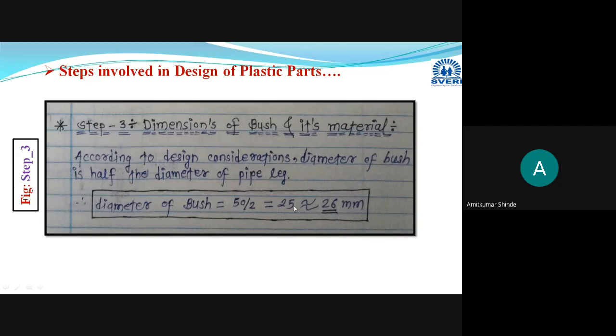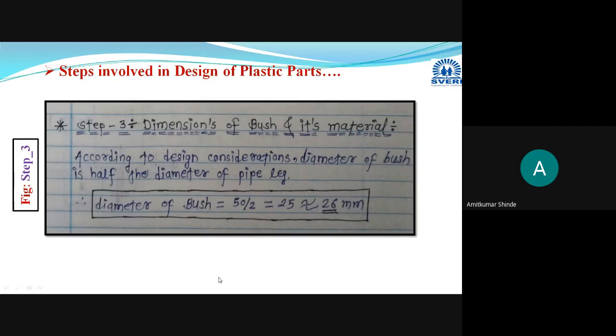Instead of the odd number, we are taking the nearest even number, that is 26 millimeter. There is no basic rule for this. Just for calculation purposes, we are converting it to the nearest even number. You can take it 26 millimeter or 24 millimeter also.